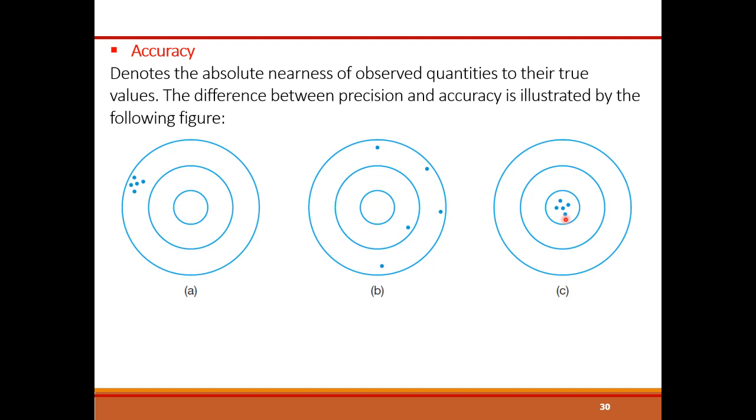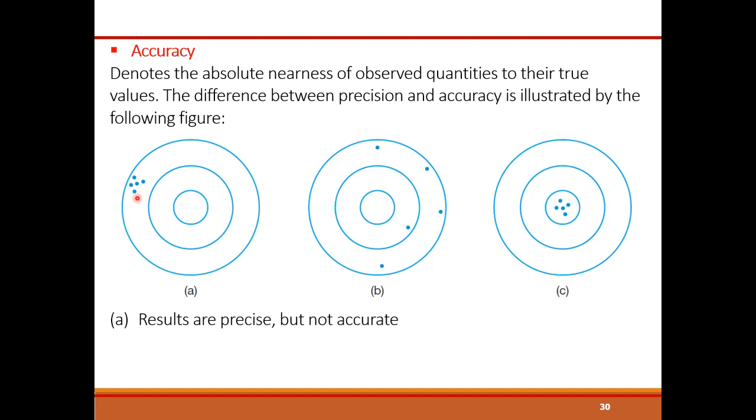Precise means nearness to each other, and accuracy or trueness is how much close the observed value is to the true value. This concept will be applied, and all the readings will be in the smallest circle. This is the explanation. In figure A, results are precise but not accurate.